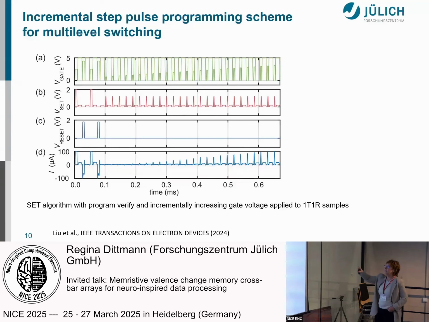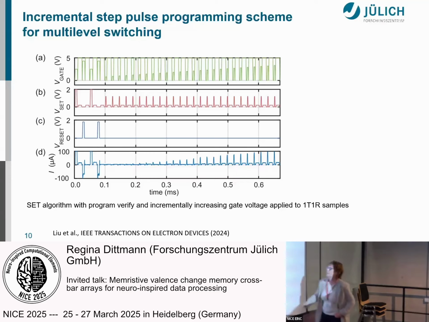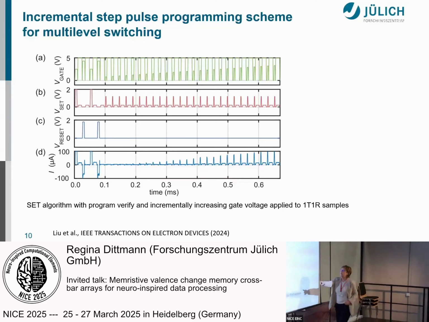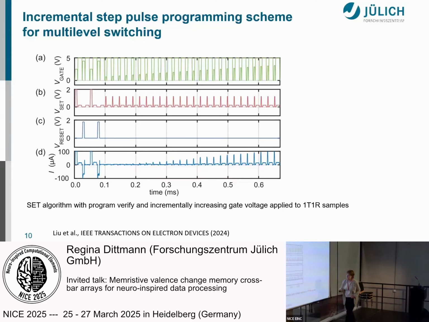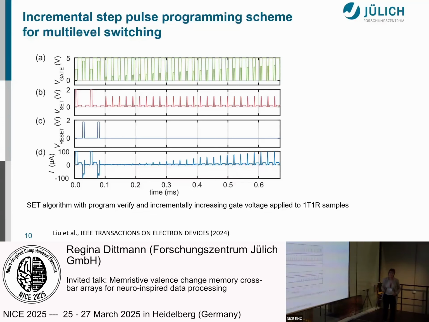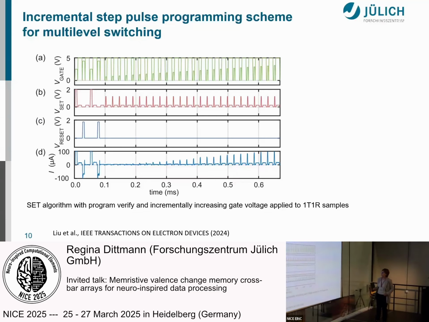Since it acts as a current compliance, you also incrementally increase the current in the transistor, namely you program the memristor into different currents and into different resistance states by this procedure.